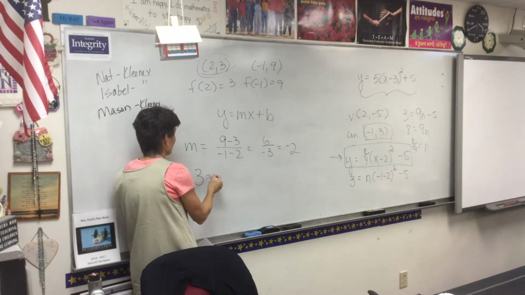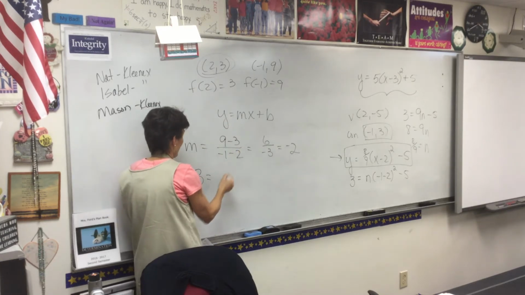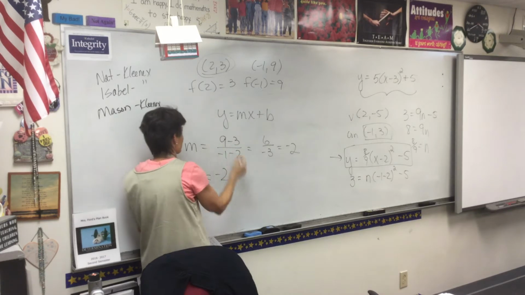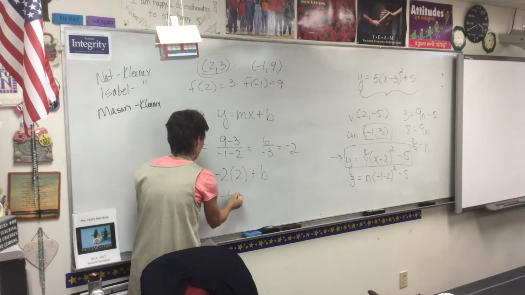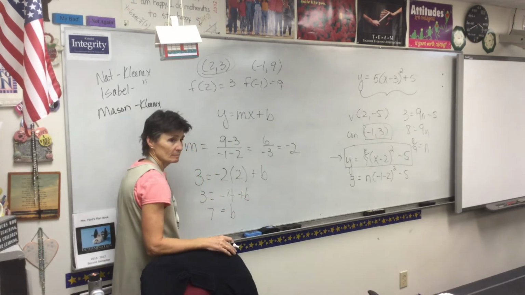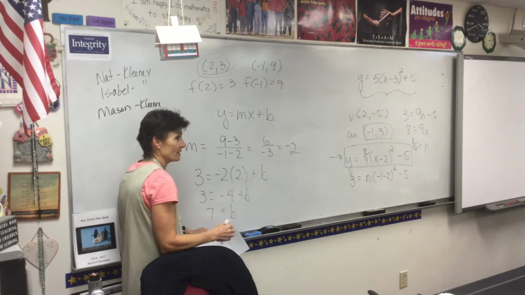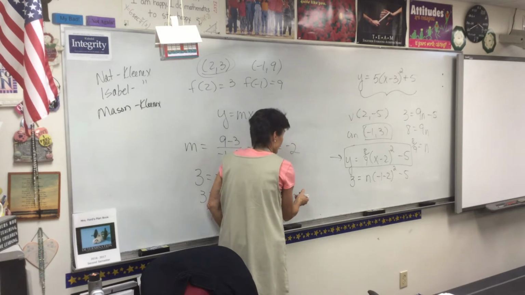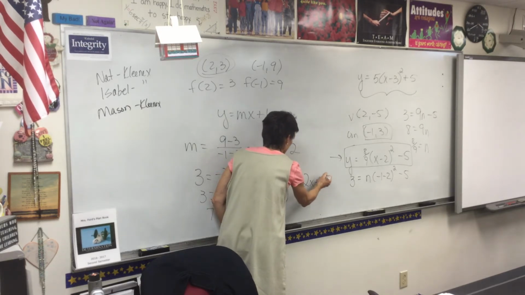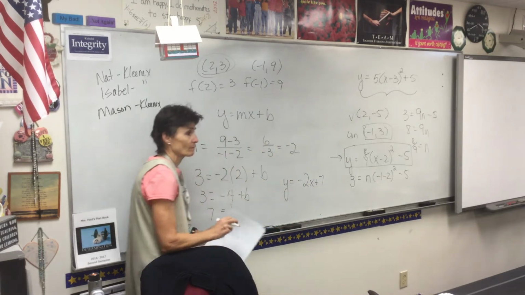Plug the y in for the y, the m in for the m, the x in for the x, and it looks like b is 7. So there's no answer blank, but there will be on the test. What do we write on the answer blank? Y equals -2x plus 7.